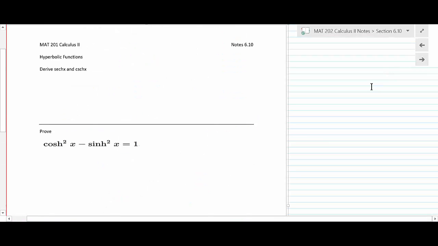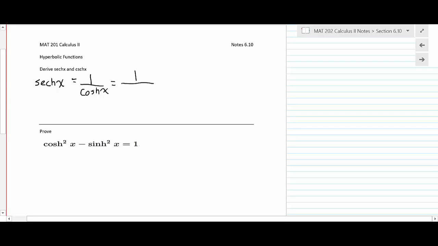Okay, so let's do the hyperbolic secant and the hyperbolic cosecant. If you want to do the hyperbolic secant, it works this way. By definition, the hyperbolic secant is 1 over hyperbolic cosine. So all that really means is you would just do the reciprocal of the hyperbolic cosine.